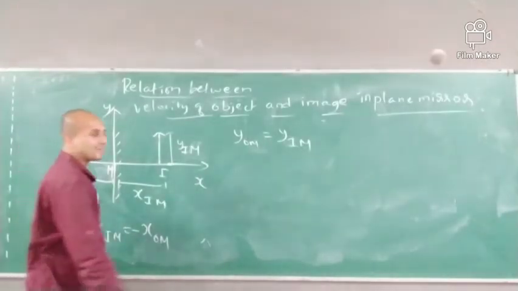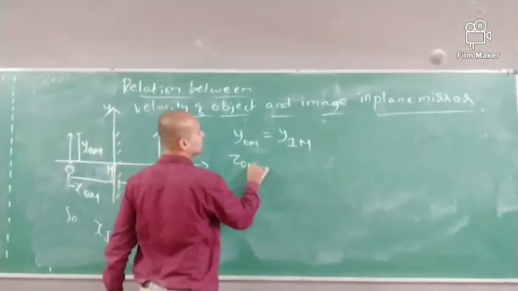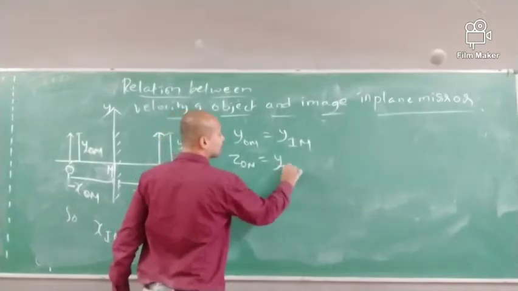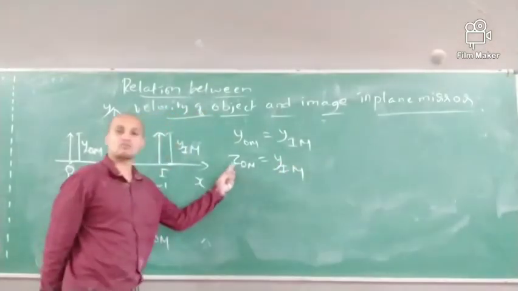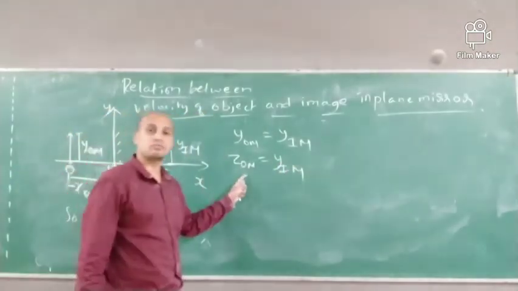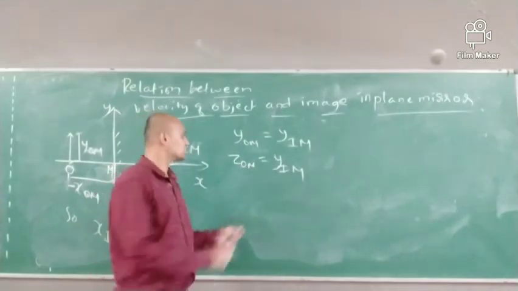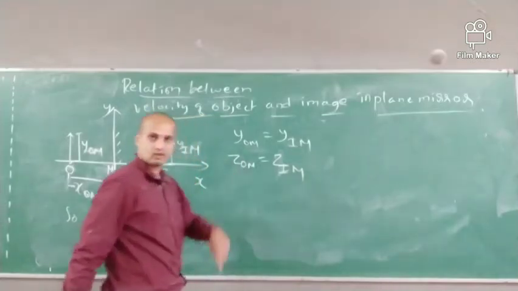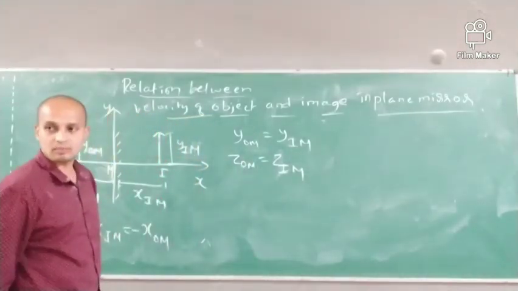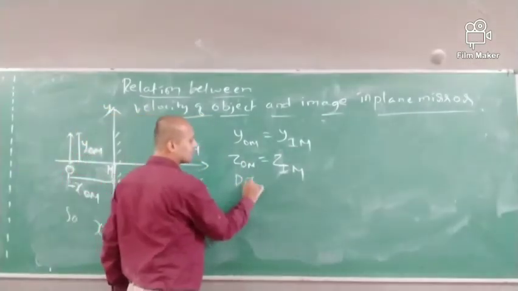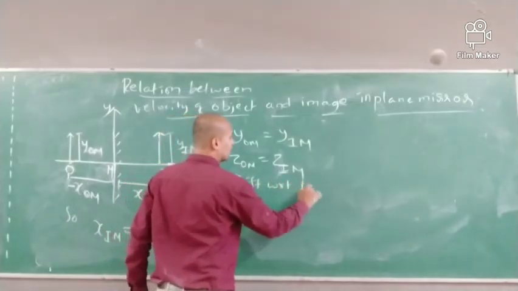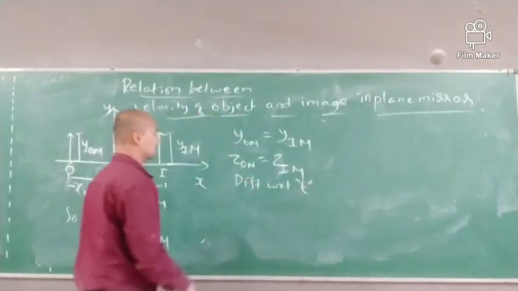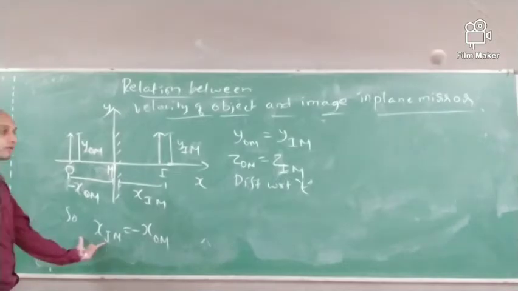Correct? Along z also there will be no change in sign. Along the z-axis, the distance of the object with respect to the mirror will be equal to the distance of the image with respect to the mirror. Correct? This is also possible. Now if I differentiate them with respect to t, what happens to this equation?